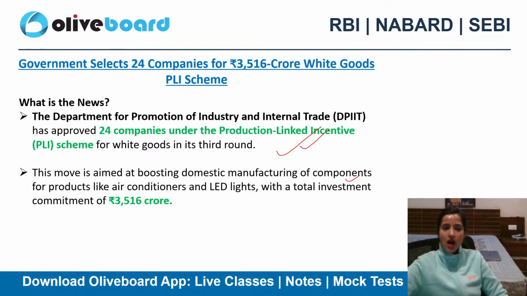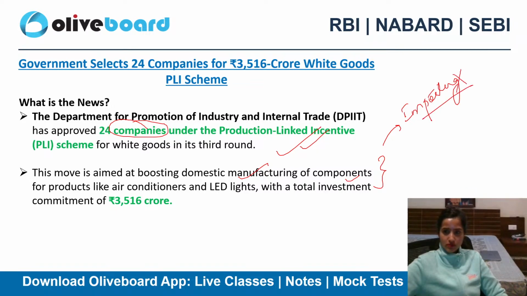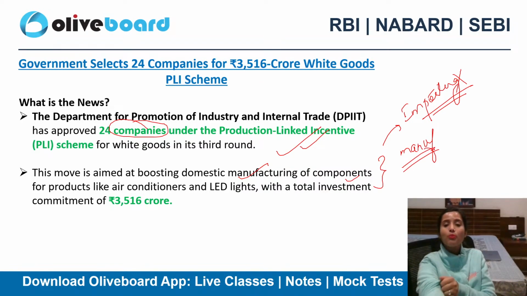This is aimed to boost domestic manufacturing of components. So what are they saying? That rather than importing from foreign countries, you manufacture it domestically. You would manufacture the components of white goods domestically, right?